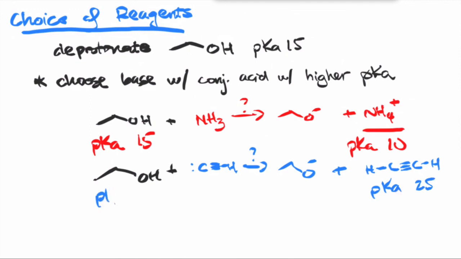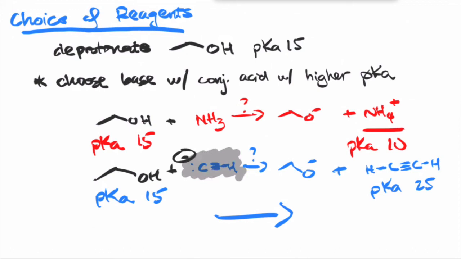Let's do the analysis here. Again, the alcohol has a pKa of 15, so it is a stronger acid than the alkyne with the pKa of 25. So it will dominate this reaction, pushing the reaction to your right, favoring the product side. So indeed, if you wanted to deprotonate this alcohol, you do want to use the alkylamide ion.